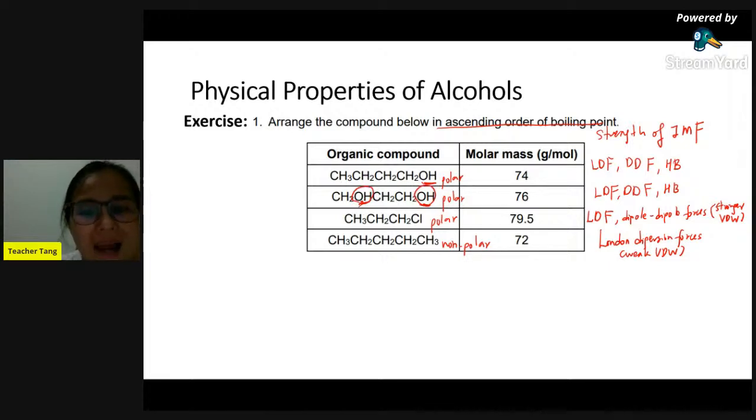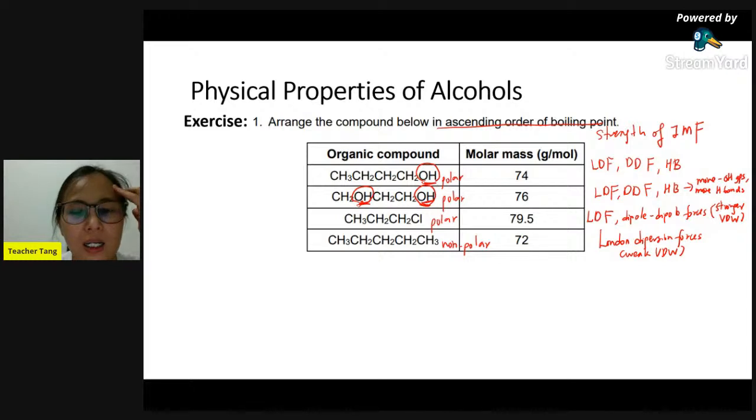Diol means that it has more hydroxyl groups. Remember, more hydroxyl groups means it can form more hydrogen bonds between the molecules compared to the first compound, which only has one hydroxyl group. So with that, we can arrange the compounds in ascending order of boiling point.